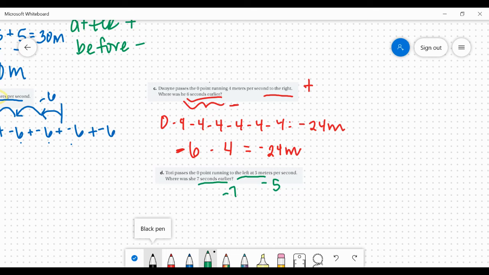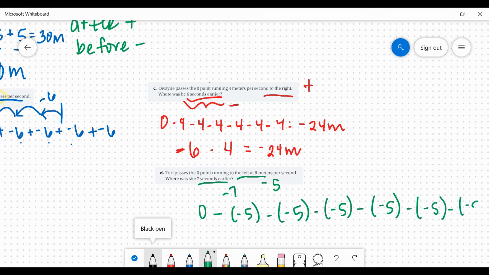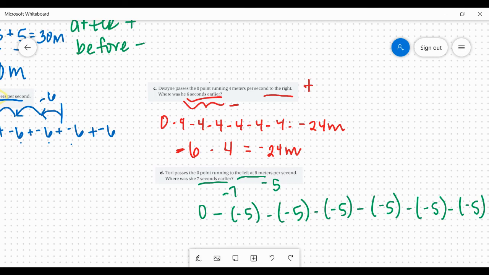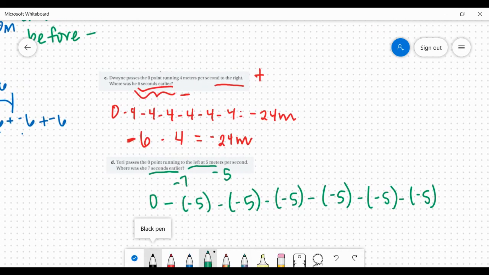If I were to think about this, I'm starting at 0, minus negative 5, minus negative 5, minus negative 5, minus negative 5, minus negative 5, and minus negative 5. One more. Okay, 1, 2, 3, 4, 5, 6, 7.